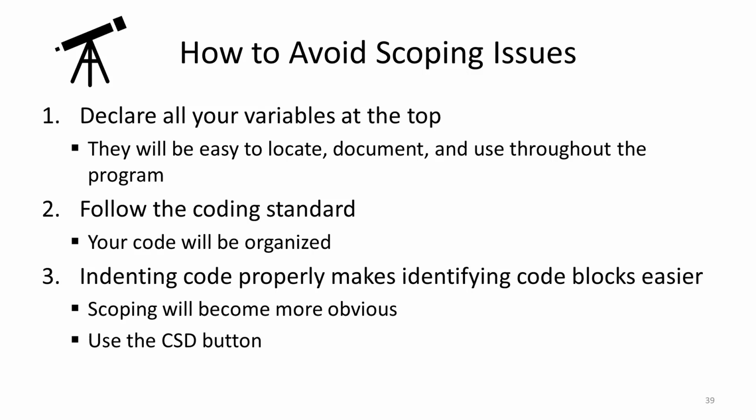If you start to declare and initialize variables when you need to, buried in some nested structure, where you can use that variable becomes very limited. You may actually need to use that variable outside of its scope, so it is best to declare and initialize all your variables at the beginning of your program so you don't have to worry about variable scope.